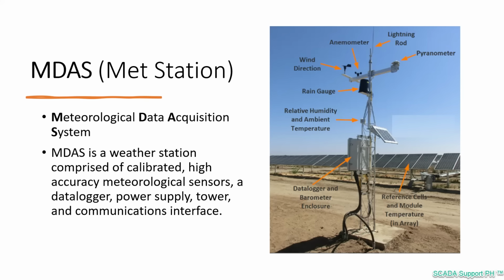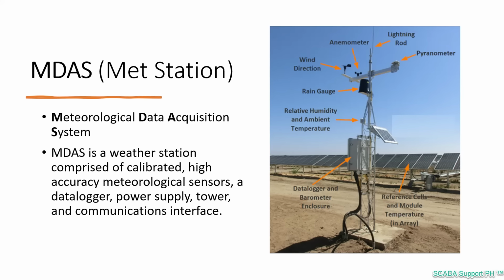For sun tracking systems, we need to have a reference cell. These are just single cells that are mounted within the array and are used for irradiance measurements in line with the sun tracking system and not with the global horizontal irradiance or GHI.